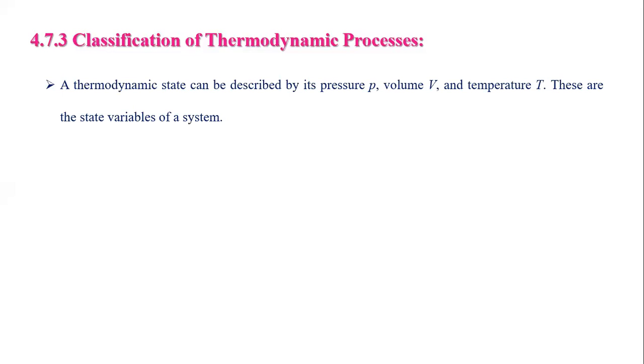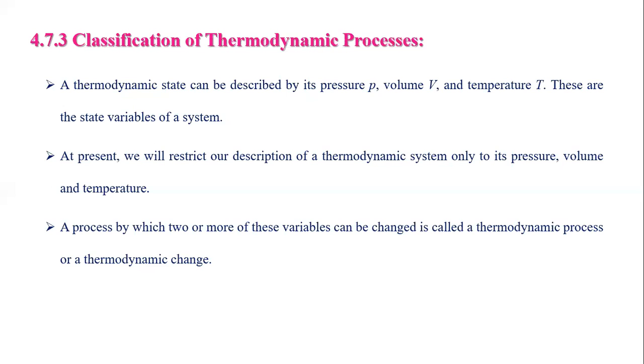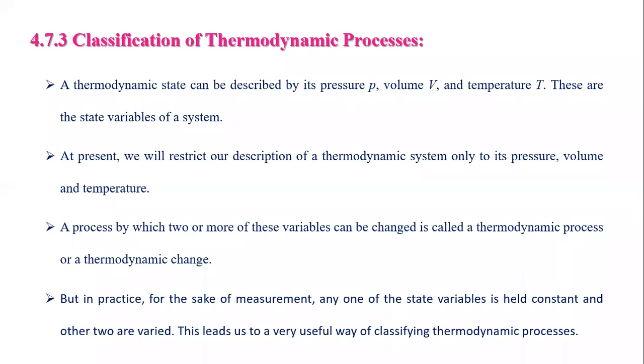Now the next article is classification of thermodynamic process. Thermodynamic state can be described by pressure, volume, temperature. These are the state variables. At present, we will restrict our description of thermodynamic system only to its pressure, volume and temperature. A process by which two or more of these variables can be changed is called a thermodynamic process or thermodynamic change.